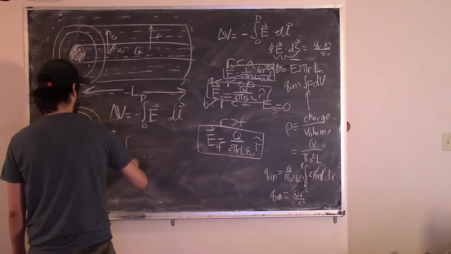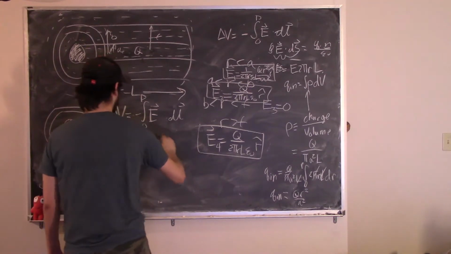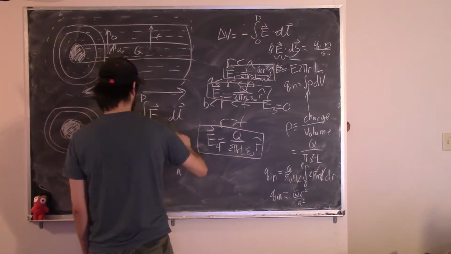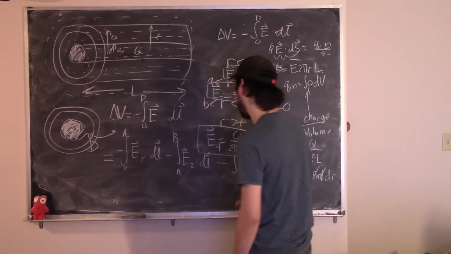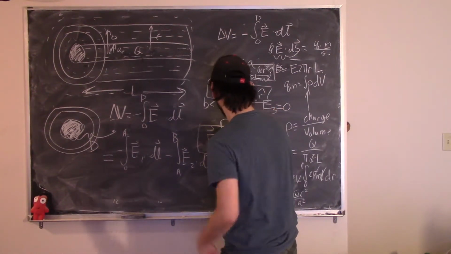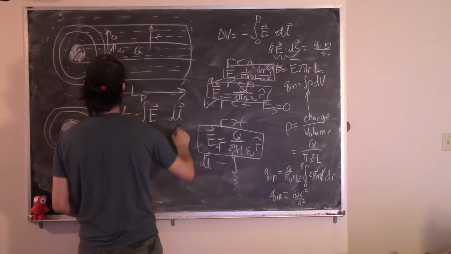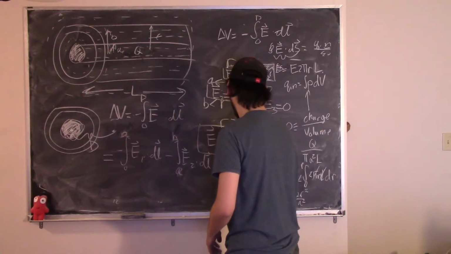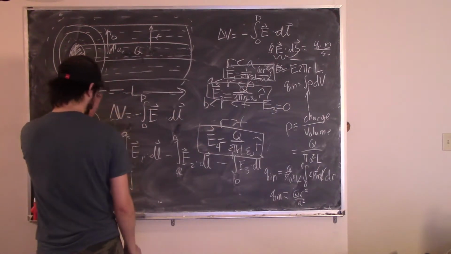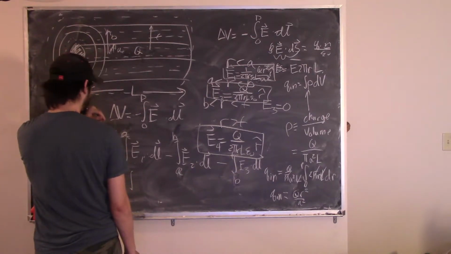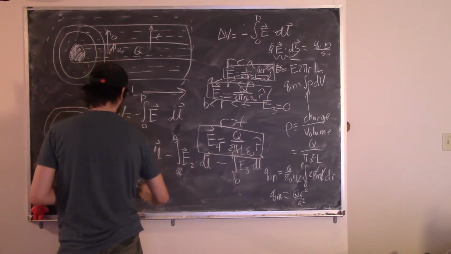This is going to be equal to the integral from 0 to a of E1 dot dl, minus the integral from a to b of E2 dot dl, minus the integral from b to f of E3 dot dl, and then minus the integral from f to d of E4 dot dl. These should actually all be lowercase a and b.